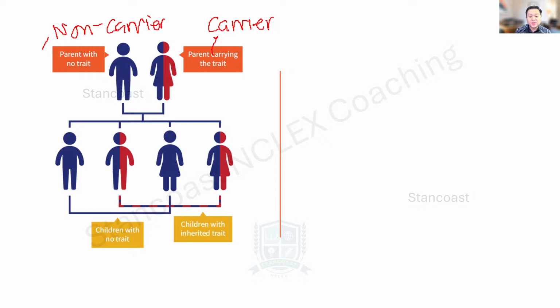And so this child will not manifest any trait, no trait at all. So he is free from getting that defective gene, okay? Because he got the normal gene coming from the mother, and also from the father, and the mother, I should say.